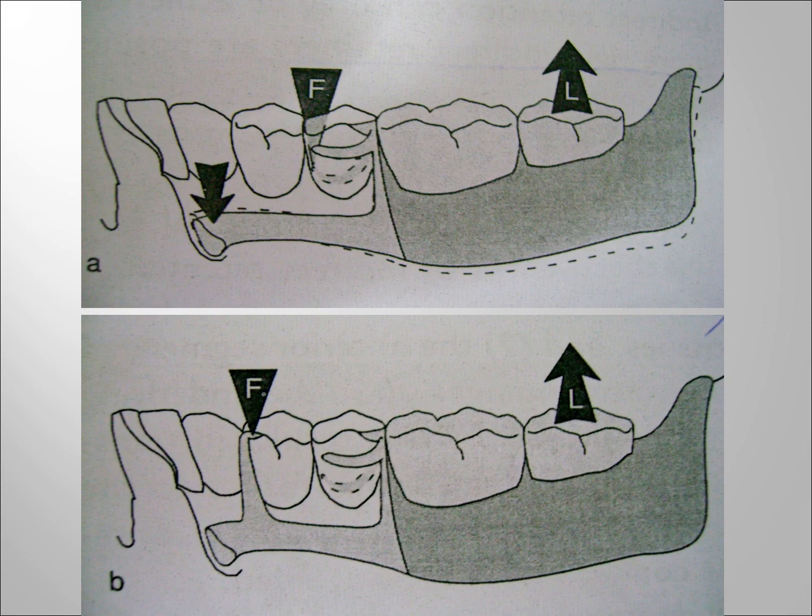Let's look at these pictures, picture A and picture B. In picture A, it's a lower distal extension prosthesis, whether class 1 or 2, but which is showing only one side, as forces are applied on the distal extensions like sticky food or forces caused by the muscles of mastication.